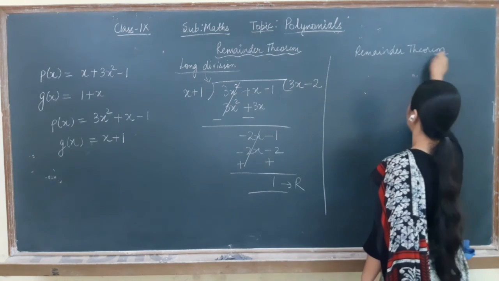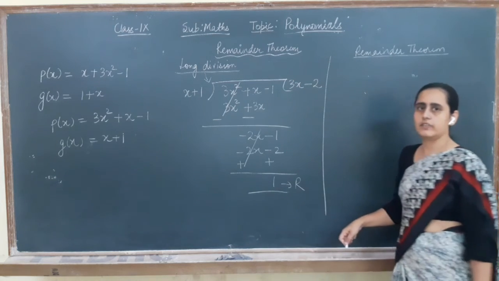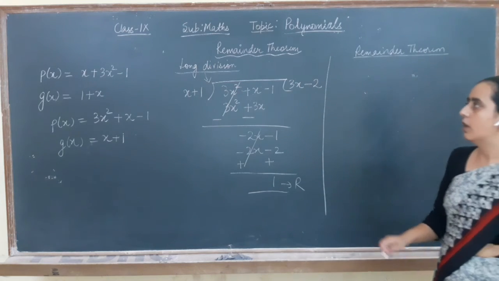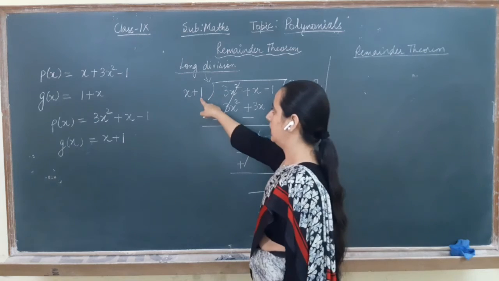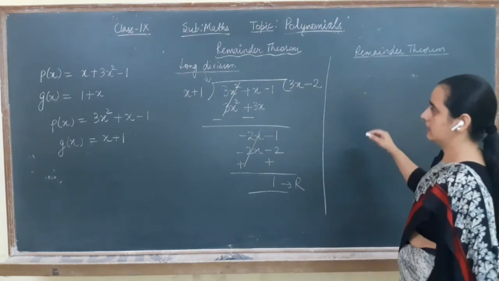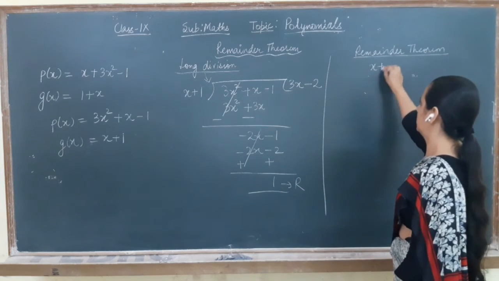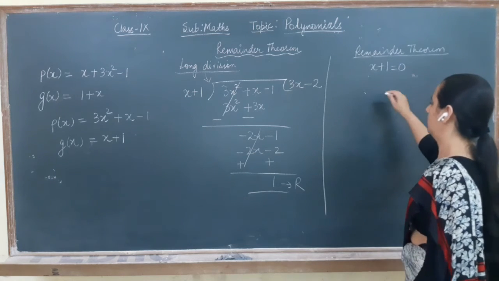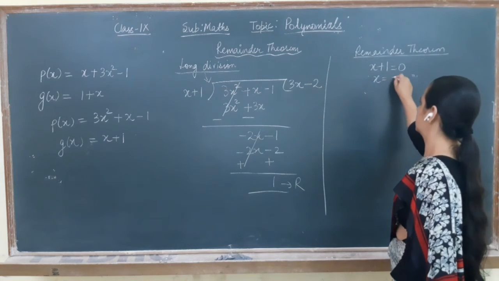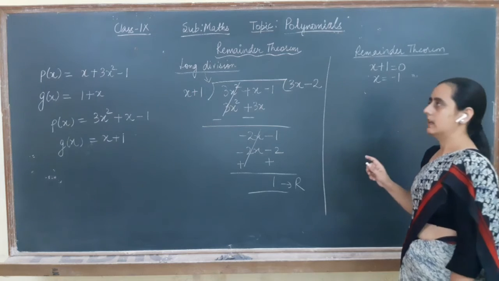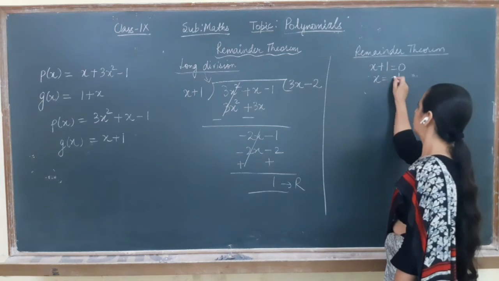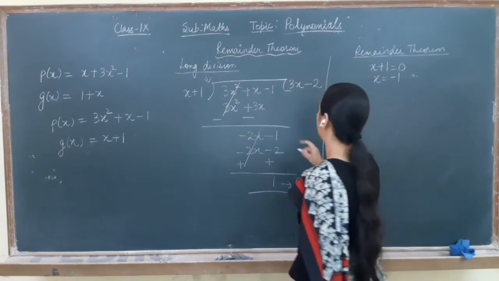There we don't have to divide, such a long division is not required. Fine. What we have to do, first of all the divisor we have to put equal to 0. Fine. What will be the value of x? Minus 1.